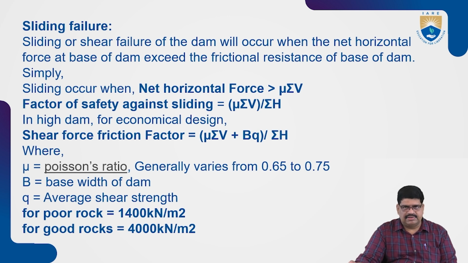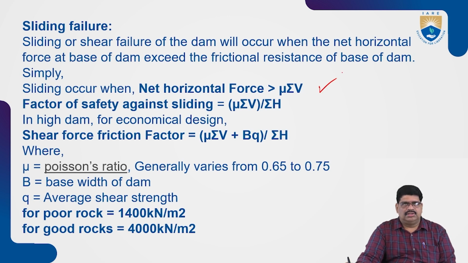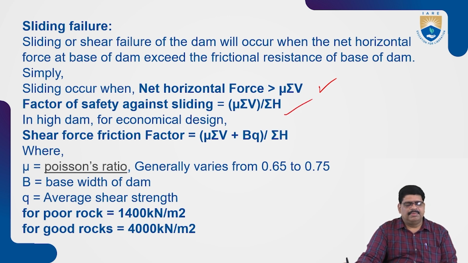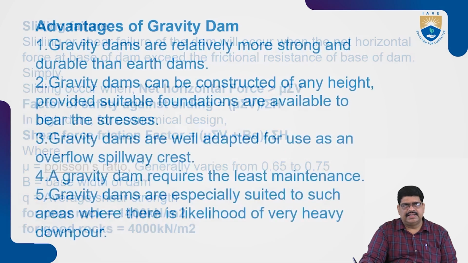As seen previously, in what I had shown of how the sliding will be affected, sliding occurs when the net horizontal force, sigma H, is greater than mu into sigma V. The factor of safety against sliding is equal to mu sigma V by sigma H. The economical design shear friction factor is equal to mu sigma V plus B Q by sigma H. Where mu is the coefficient of friction, which generally varies from 0.65 to 0.7, B is the base width, and Q is the average shear stress, which for poor rock is 400 kilonewton per meter square, and for good rock is 4000 kilonewton per meter square. This is the failure of sliding of the dam.